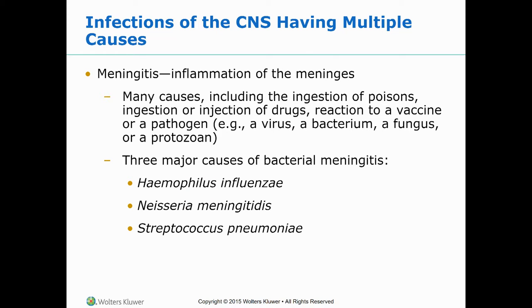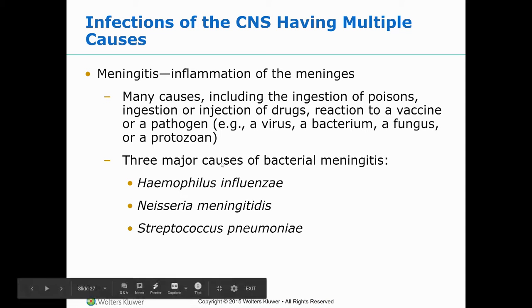Usually the inflammation of the meninges can be caused by many different things. A lot of times people will mistake it for influenza, or the flu, instead of actually getting treatment for it. So this is the example. These are the three major types that cause bacterial meningitis.